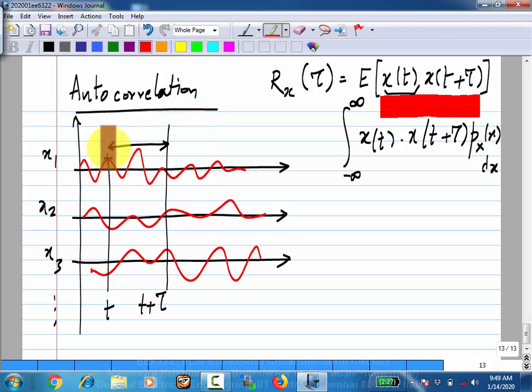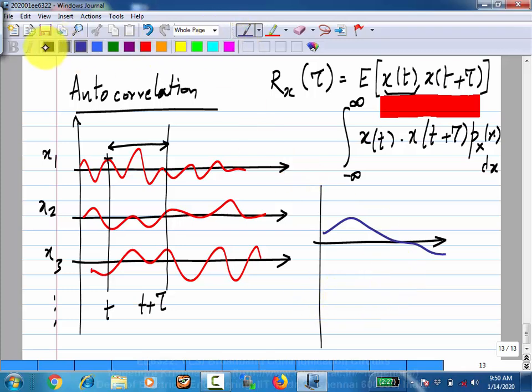At each instant, of course, the process can have a range of values and it has some distribution. Now, if over this time interval tau the process doesn't vary too much, so let's say it is slowly varying, let me write another set of processes which are also random, but could be more slowly varying.